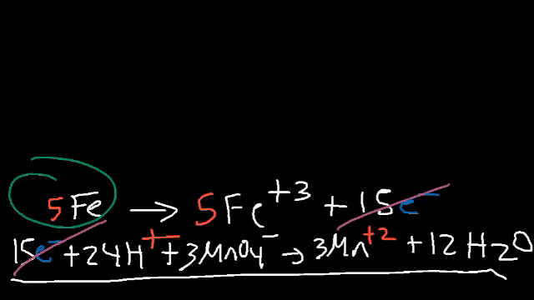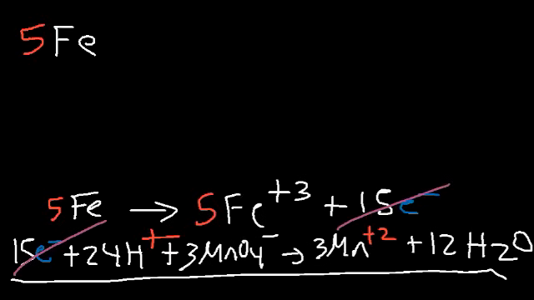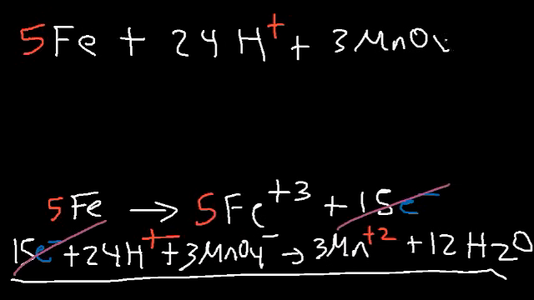Now these three, we need to add them to the left side of the reaction as we add the two reactions. So it's going to be 5 Fe plus 24 H plus plus 3 permanganate ions.